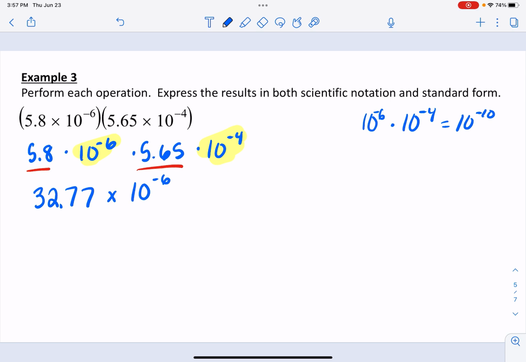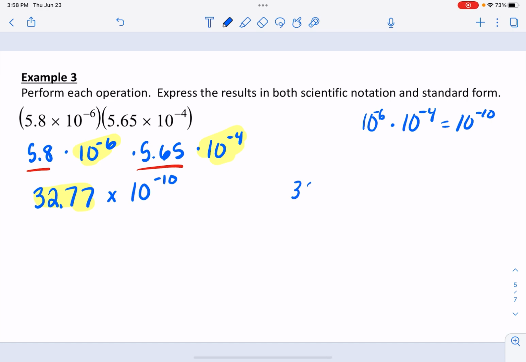So now, what you need to remember is you need to make sure that this number here is between 1 and 10. My number is not. So I need to make this number smaller. Sorry, I'm checking to make sure that I'm going to do this right. Oh no. What did I do wrong? Oh, that's what I did wrong. My instincts were right. I didn't copy over my answer correctly.